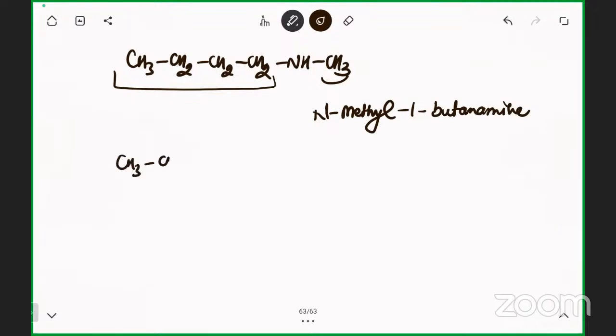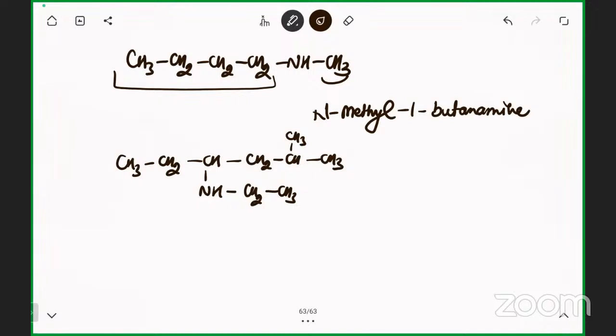Then CH3, CH2, CH, then NH, then CH2, then CH3, then CH2, CH, single bond, CH3, single bond, CH. This is the last example of IUPAC for today. Tell me the name.